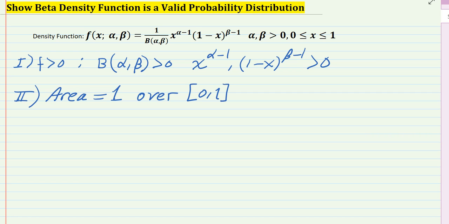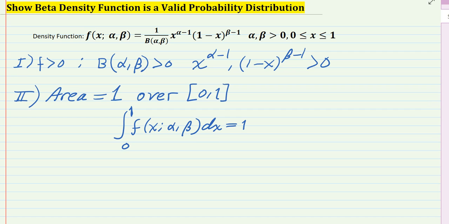Therefore, we need to show that the integral of f(x; alpha, beta), namely what's in the beginning statement that I have here, is equal to 1, from 0 to 1. So that's what we need to do.